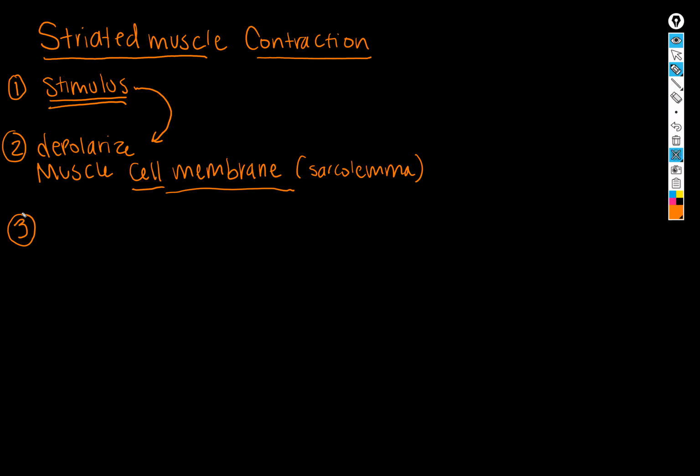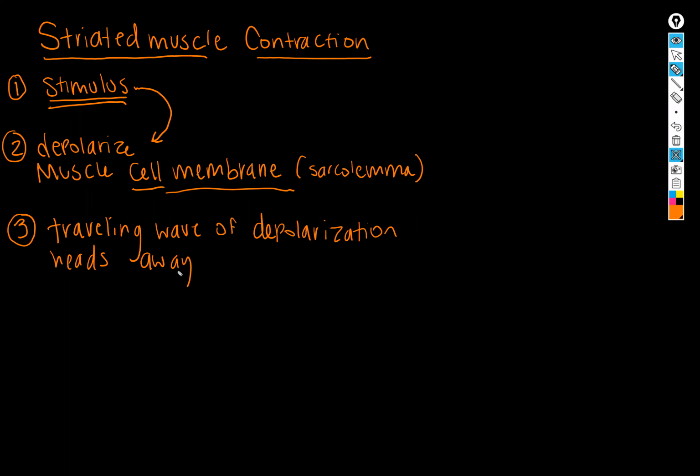And since we're talking about striated muscle, we know that all striated muscle, regardless of its location, has some common features. And so step number 3 is, it spreads away and it goes towards a T-tubule.